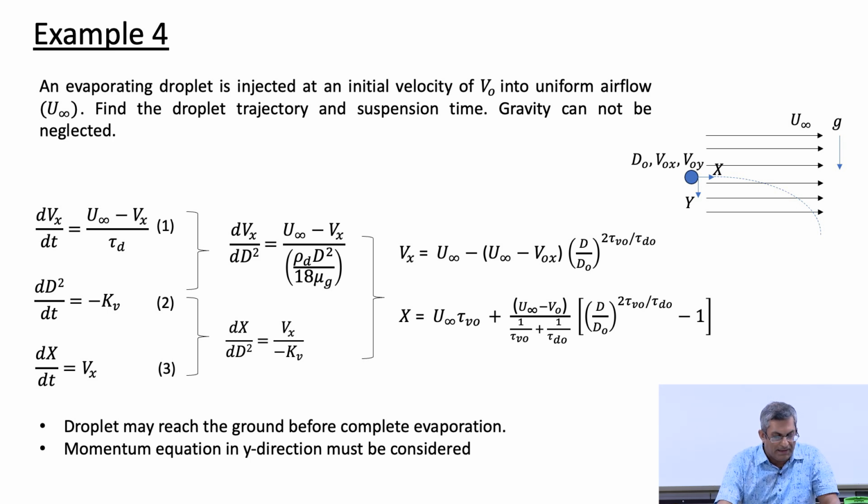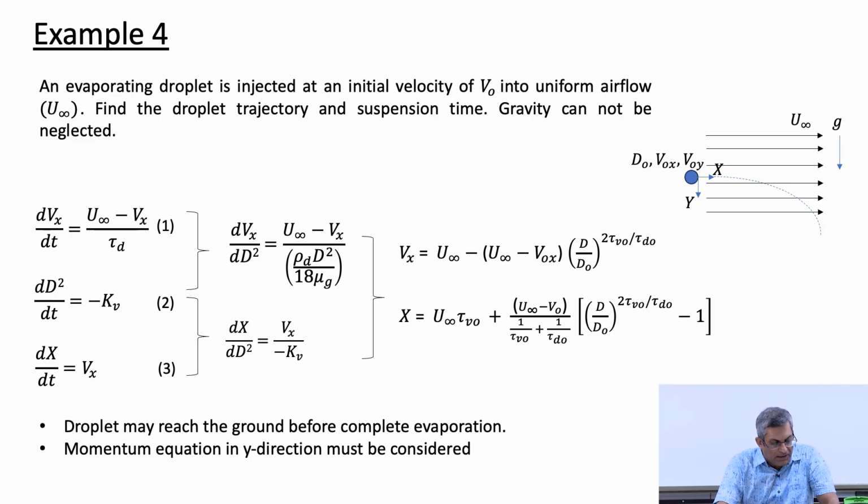So you can find the corresponding value of the axial distance. This axial distance tells you how far the droplet has gone by that time. And then you can use this equation or the d square law to calculate how long the particle stayed in air. That is the particle suspension time.